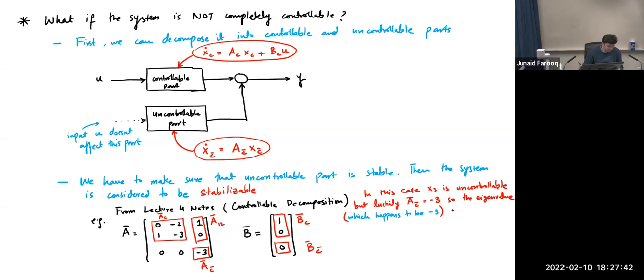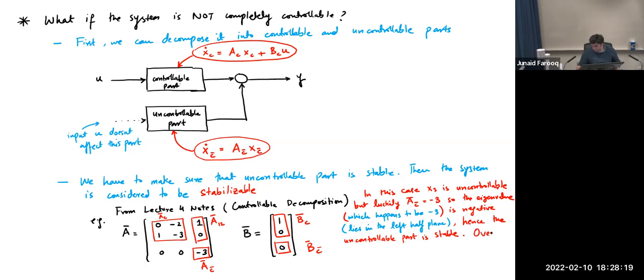So the eigenvalue is negative, right? Which in other words lies in the left half plane. Okay, so if that's the case, then the uncontrollable part is stable. Okay, so overall the system is stabilizable.